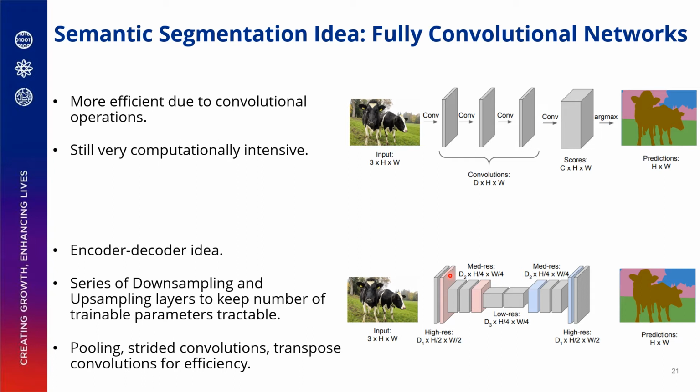I believe Arul also explained it. Your number of filters will increase. You can see the depth here; this is basically your number of filters. Initially, because you're using a high resolution, you have D1 filters. When you downsample, you increase the number of filters, usually doubling it, to maintain the same amount of information.